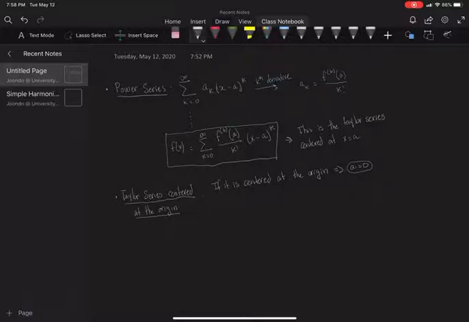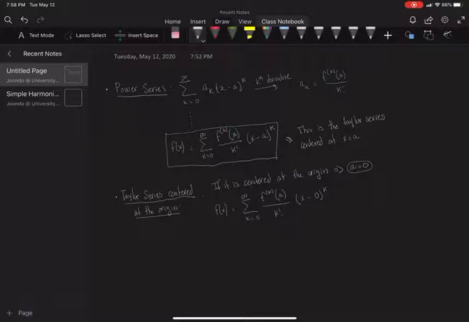Well, f of x is going to be the sum from k equals 0 to infinity of f to the k-th derivative of 0 over k factorial, this doesn't change, times (x minus 0) to the k.